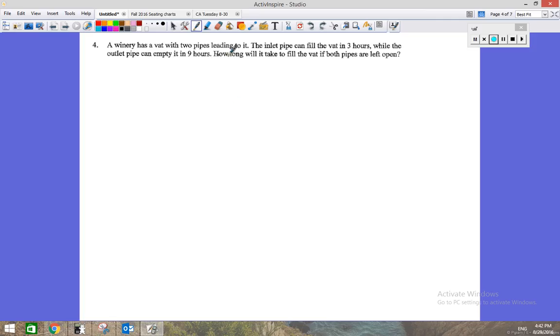So on a per hour basis, let's let positive work be filling the vat, where negative work is where you're draining or emptying the vat.